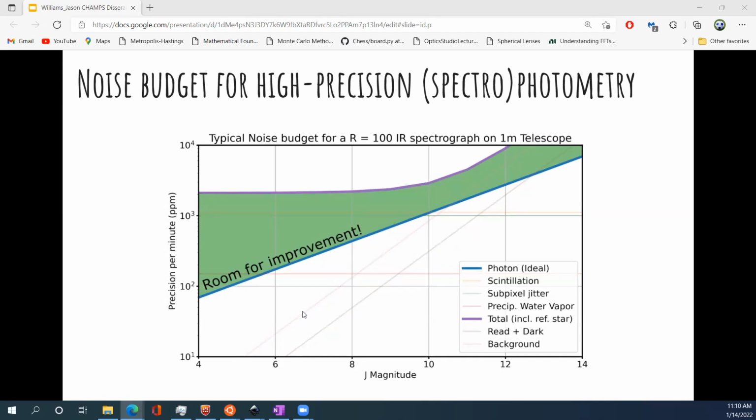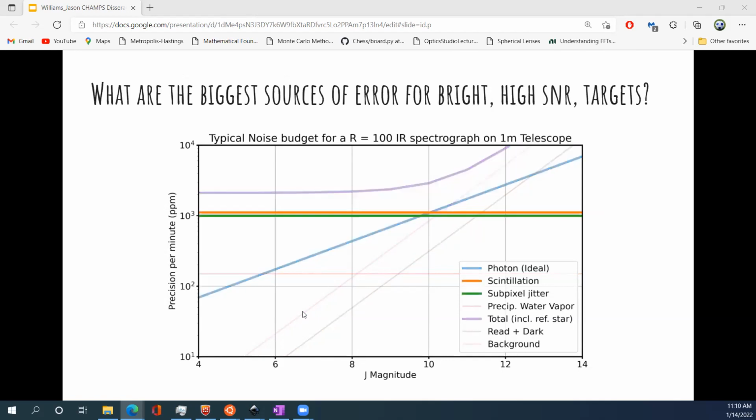In blue, I'm showing the photon noise, which is the fundamental limit, compared to the total noise for a typical near-infrared spectrograph on a 1 meter telescope in purple. If we want to focus on the highest, most ideal signal to noise targets, which are the brightest stars, we're really going to need to focus on two noise sources in particular: subpixel noise, which I'm calling subpixel jitter here, and scintillation noise.